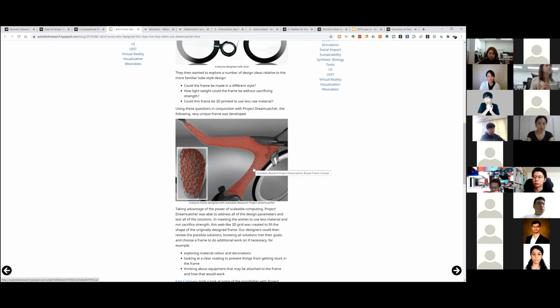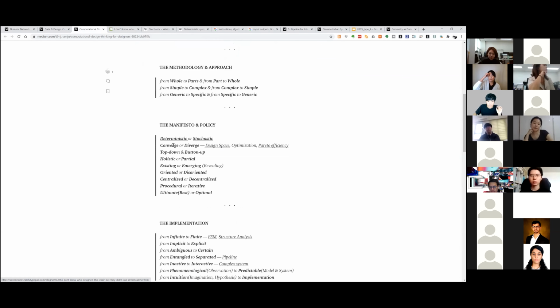So they generate thousands of options for the configuration of the antenna. Then they also need different types of material, right? So you can dump all the problems or issues, and then in this context you get not the best, but an optimal result, right? So this is the problem of converge and diverge.